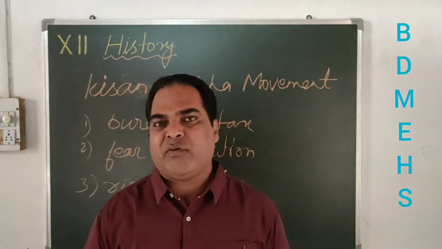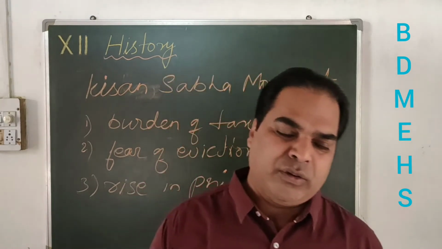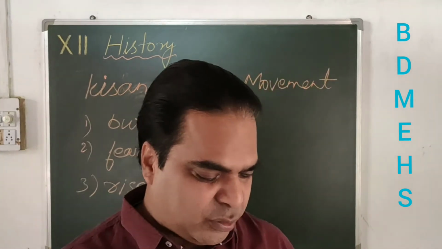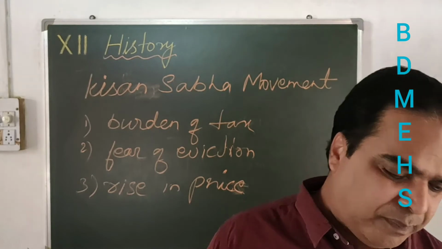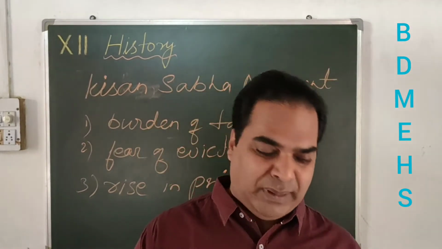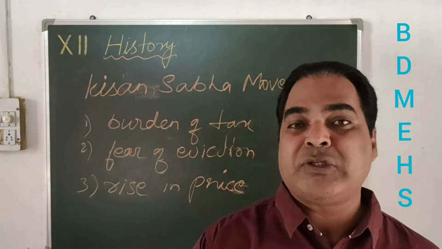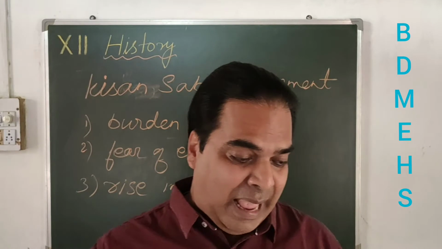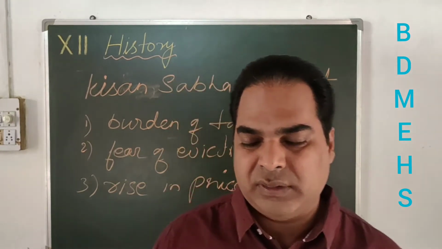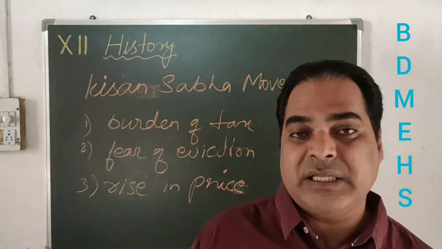We will give a platform to address their problems. So a large number of peasants took part, and large numbers of revolts started taking place in various parts of India. The Non-Cooperation Movement of 1920 encouraged the peasants' revolt against the Britishers.